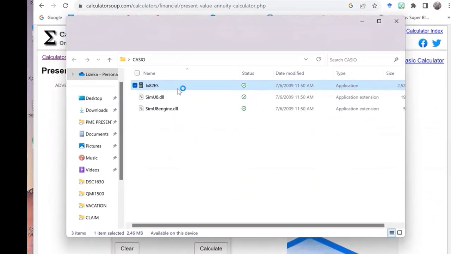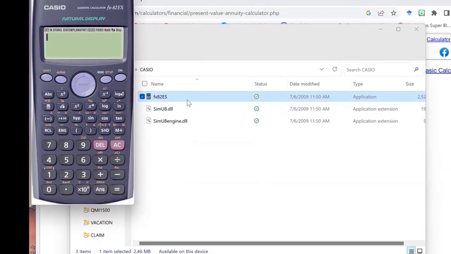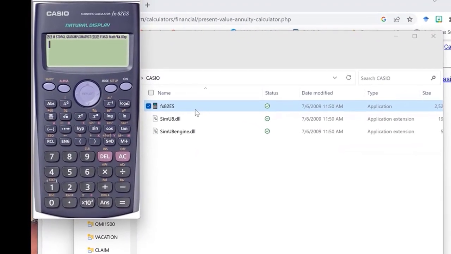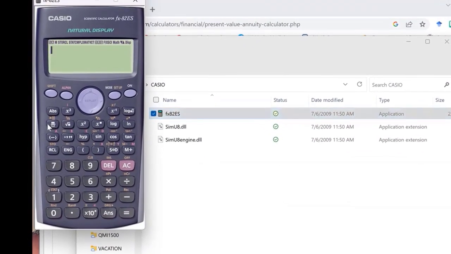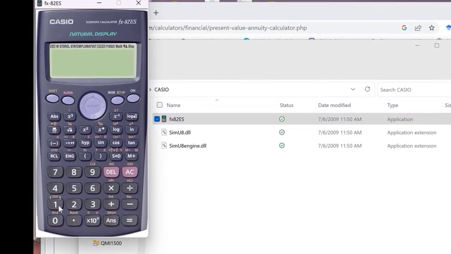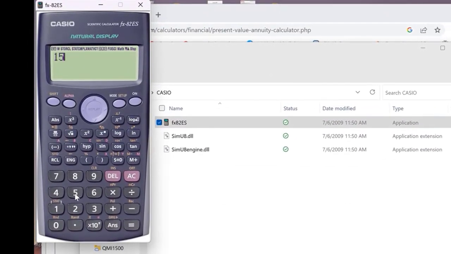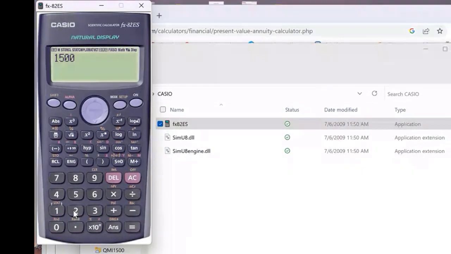I think that's the older one. But is it a scientific calculator? Because some of the calculators cannot handle too much data. So you find the calculator which is going to work for you.